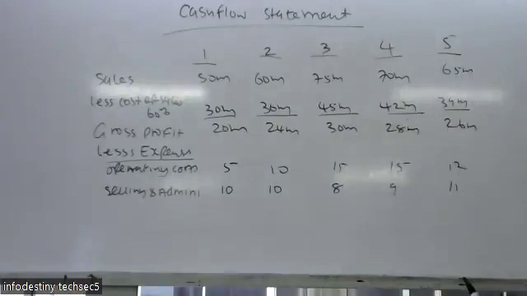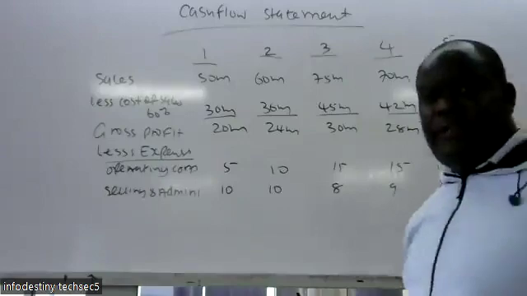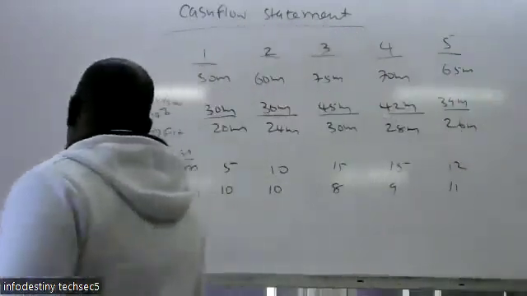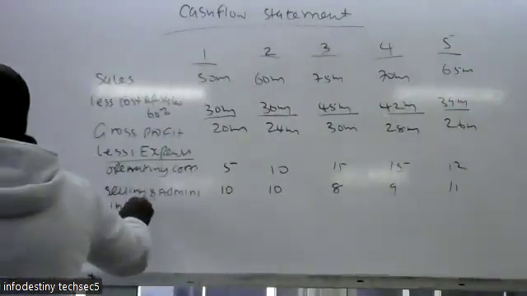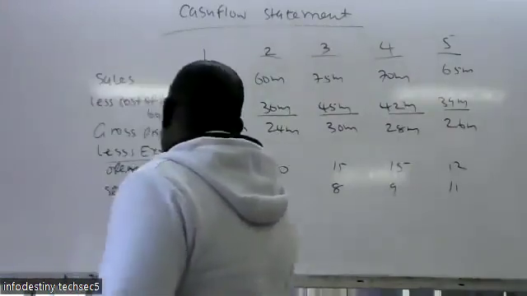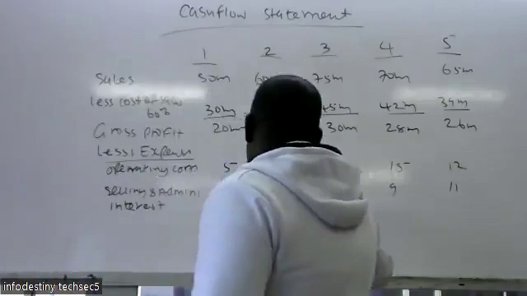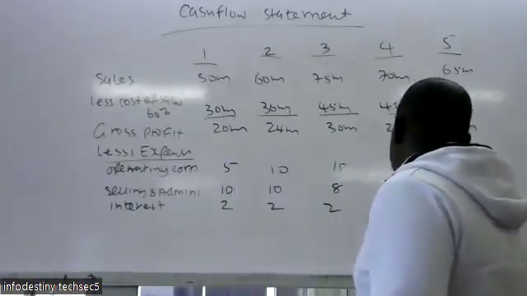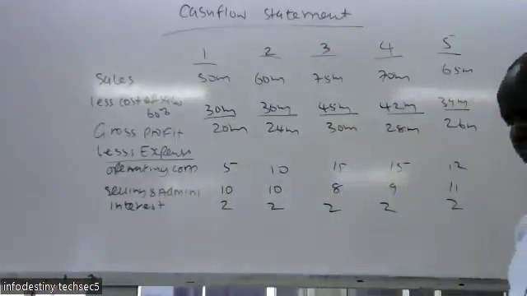Then I want you to go to note number 7. Are you able to see note number 7? Note number 7 gives a fixed financing cost of how much? So fixed financing cost is interest. So it is the same every year.